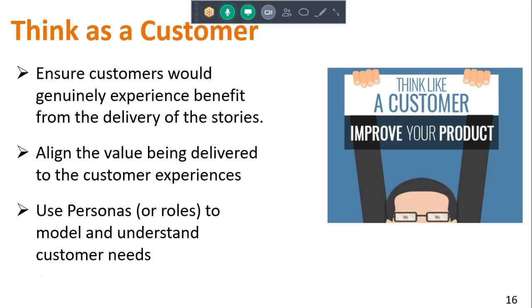Thinking as a customer at the delivery horizon, this should be relatively easy to do. This is where the work that truly impacts the customer is being done, so there should be almost an automatic idea of looking at the work we're doing from the perspective of a customer.